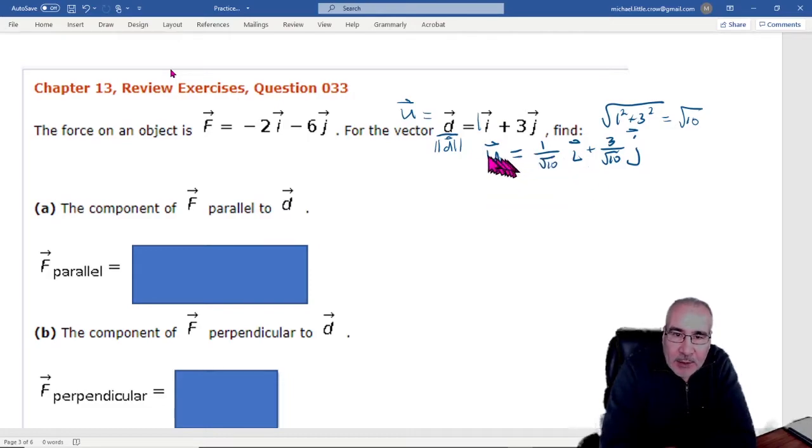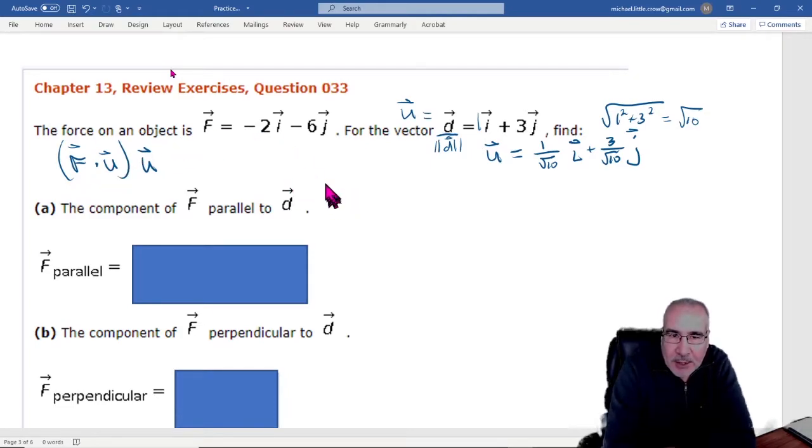And now we're going to do a dot product, F dot u. That becomes a scalar, a number, and then we multiply it through with scalar multiplication times the unit vector we just came up with. So let's do the dot product first.